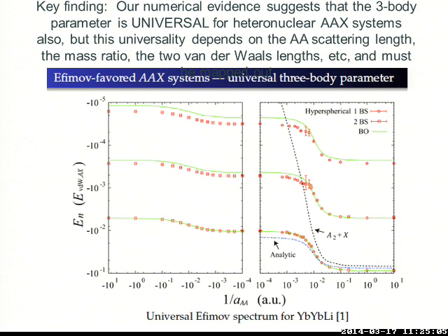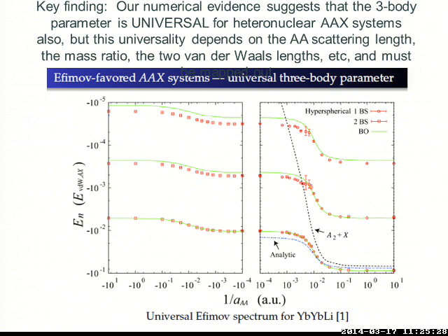And you can see there is a trend. The numerical results are pretty much following a simple curve, and these would be the first three Efimov resonances. But it does vary if you have a very small like atom scattering length or a very large one.